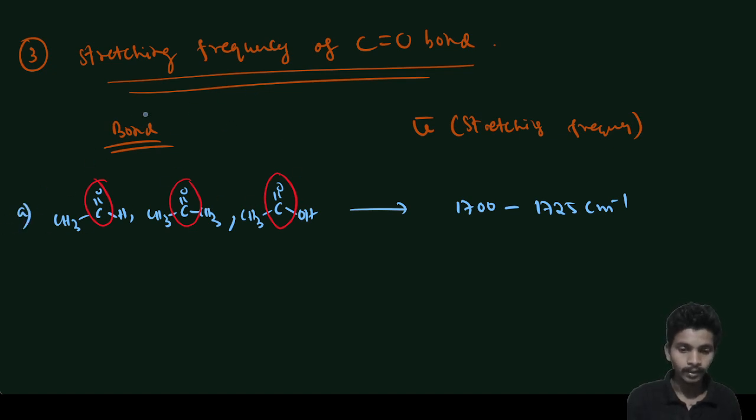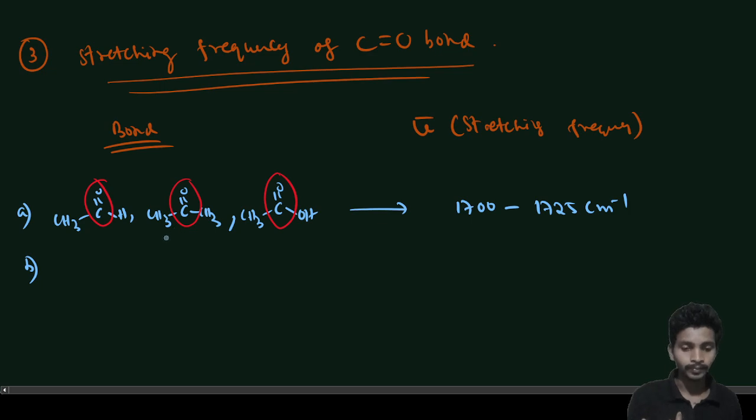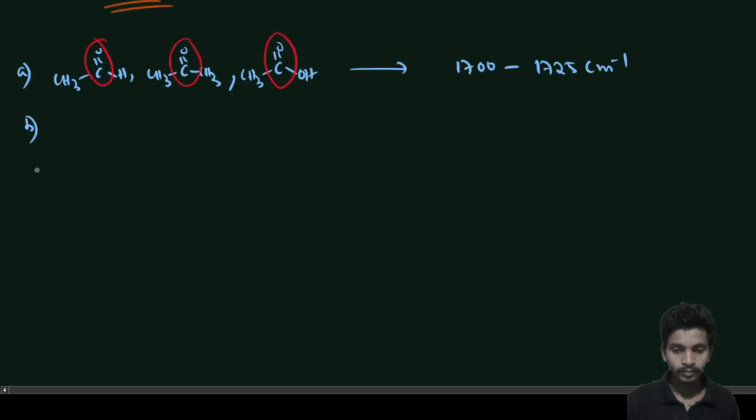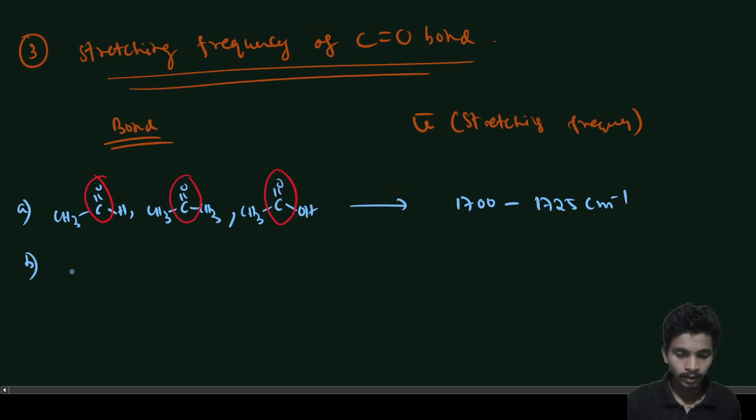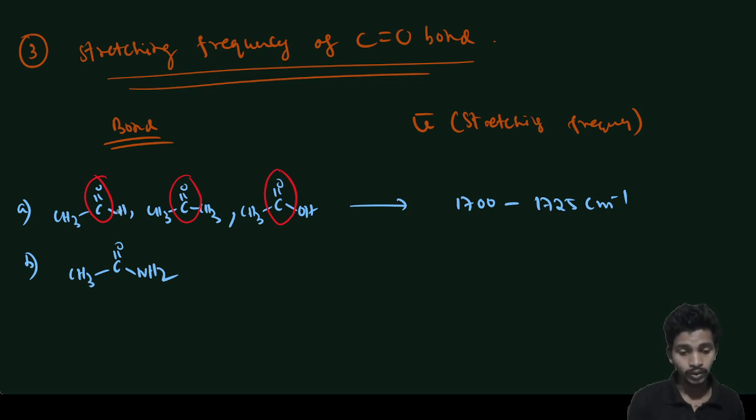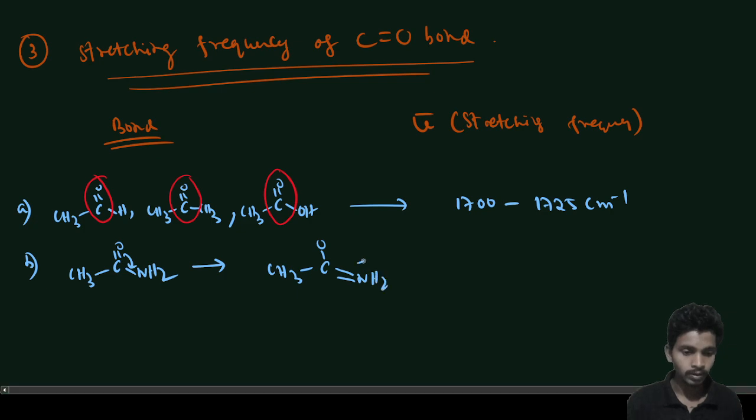Next, let's say CH3 CO with an aromatic ring, NH2. We have discussed that if any aromatic conjugation is there, then the stretching frequency decreases. Due to resonance, the charge can move, and CH3 CO plus NH2 is also possible.